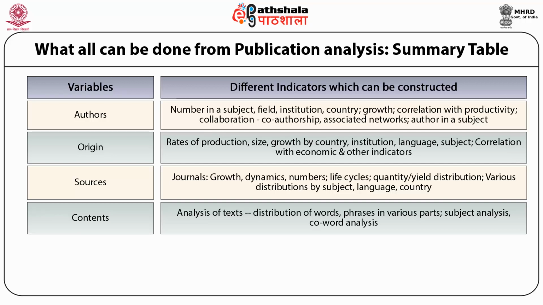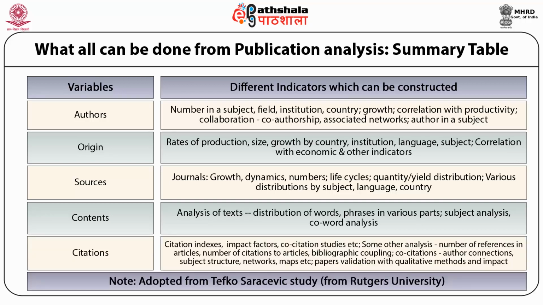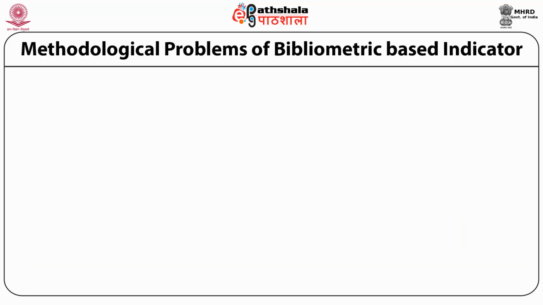When we take citation as a variable, we can capture citation indices, impact factors, undertake co-citation studies. Some other analyses possible are number of references in articles, number of citations in articles, bibliographic coupling, co-citations, author connection through citations, subject structure identification, network maps, etc.